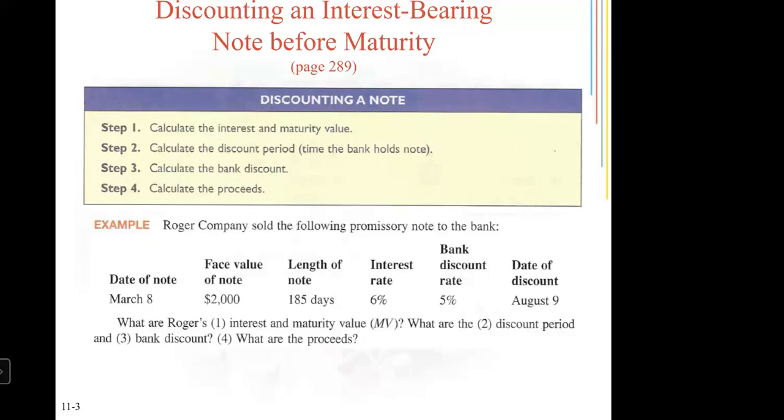Okay. So you're asked, what is the interest and maturity value, which is step 1 of the procedure. Then you're asked to find out what is the discount period, which is step 2 of the procedure. Then you're asked to do the bank discount, which is step 3, and the proceeds, which would be step 4.